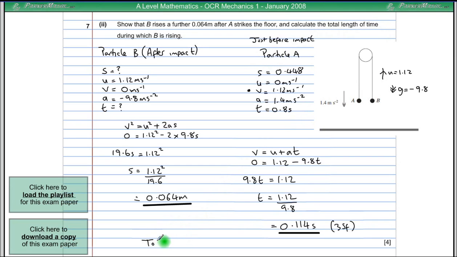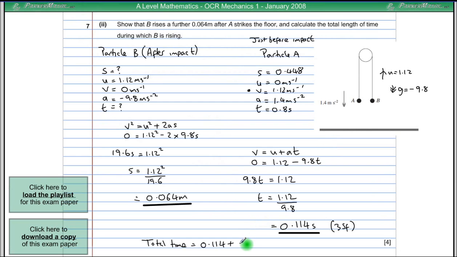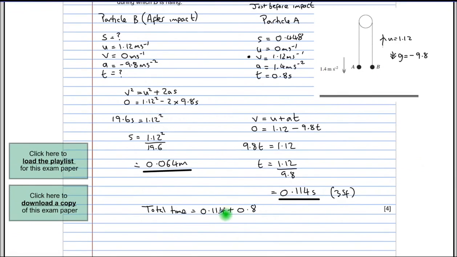So the total time will include this 0.114, but it was also, as we know from part 1, rising for 0.8 seconds before A hit the floor. So we need to make sure we add on that 0.8. And so altogether we get 0.914 seconds for the total time that B is rising.